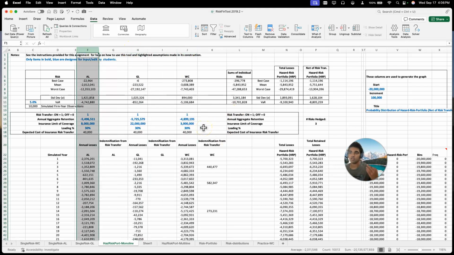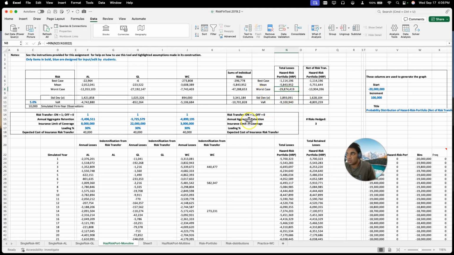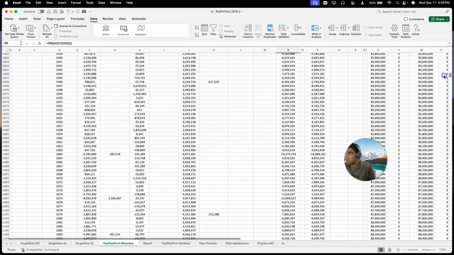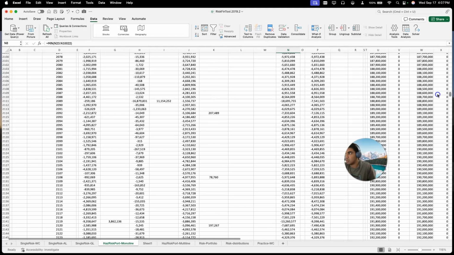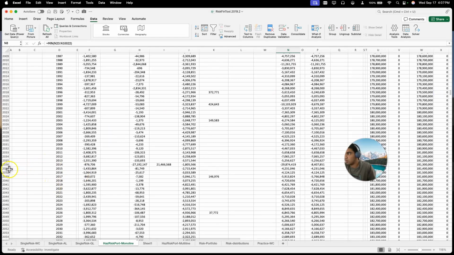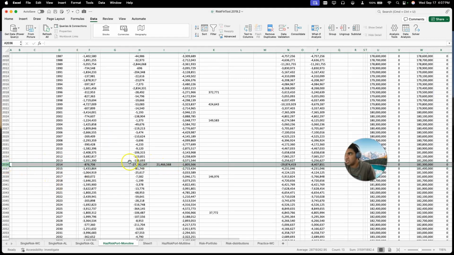And what we're supposed to learn from this exercise is that this is not the most effective measure, because looking at the worst case here, because we have 10,000 years of data, we're able to scroll down and look. 2014, I believe. You could see that there's a gap in workers' comp.